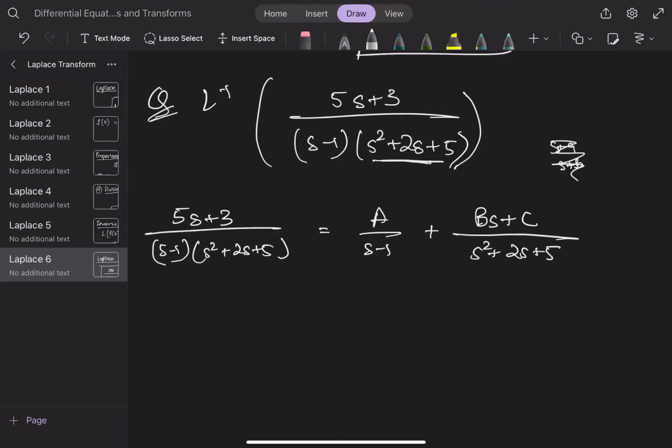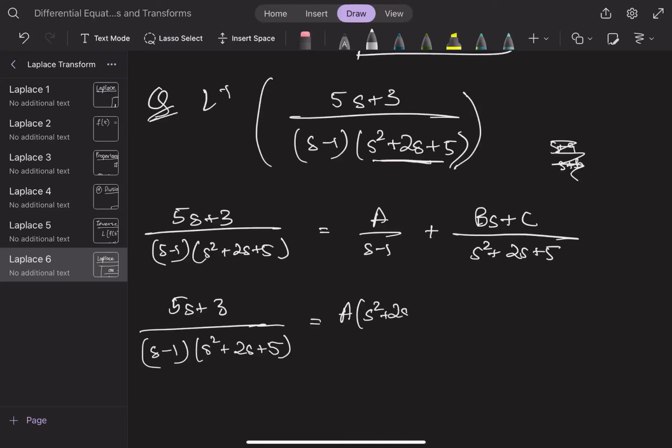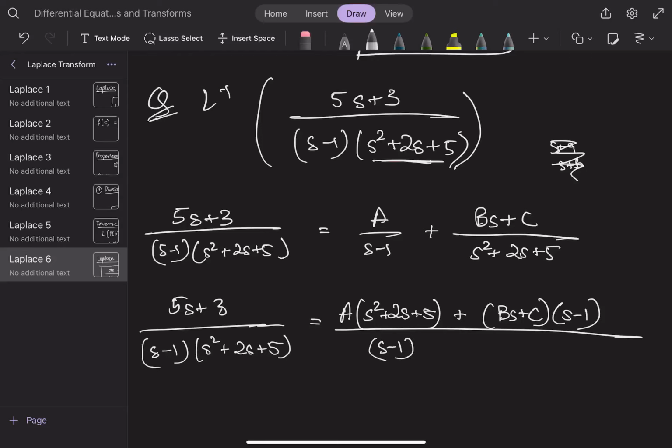Now let's take the LCM. 5s plus 3 divided by s minus 1 into s square plus 2s plus 5 is equal to a multiplied by s square plus 2s plus 5 plus bs plus c multiplied by s minus 1, divided by s minus 1 into s square plus 2s plus 5.